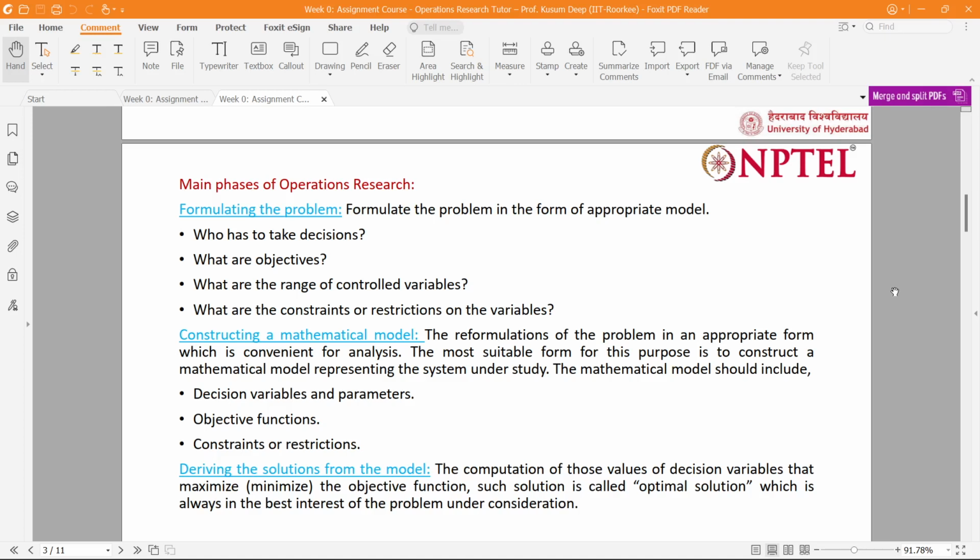The decision variables are the variables which have to be determined for the problem, the objective function is what is to be maximized or minimized, and the constraints are the conditions which the decision variables should satisfy. We build this mathematical model to find the solution to our problem, so finally our main interest is to find the values of the decision variables that maximize or minimize the objective function.